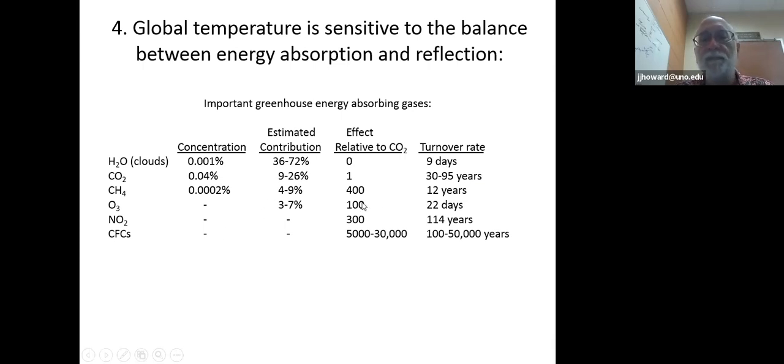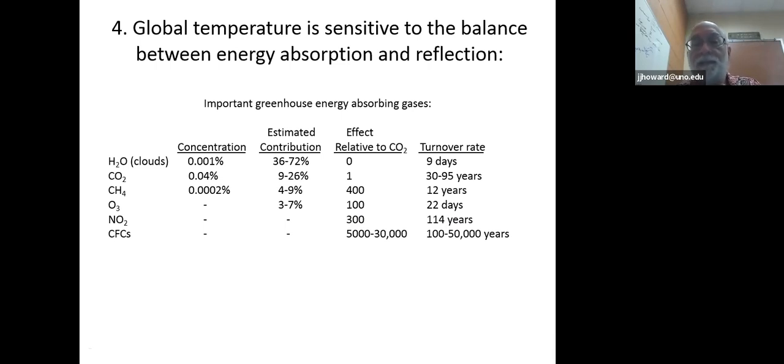Ozone has a relatively small concentration, but it's a powerful greenhouse gas, and it lasts on the order of days, fortunately for us. Nitrous oxide is also quite powerful relative to CO2. It absorbs and re-radiates 300 times more heat than carbon dioxide does, and it lasts for over 100 years.